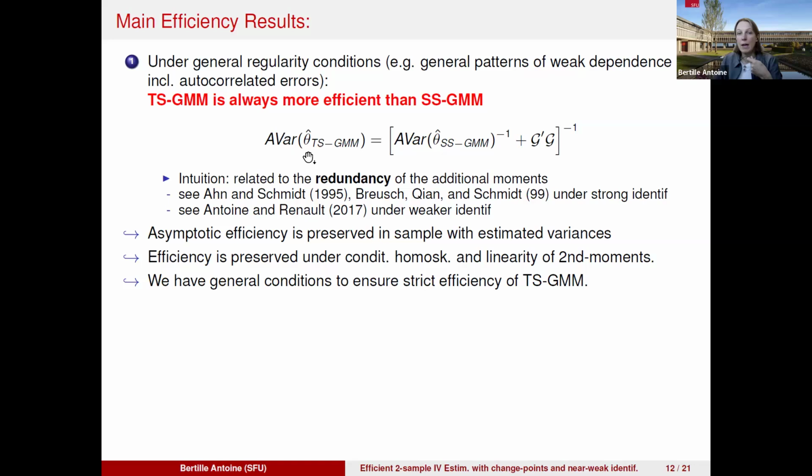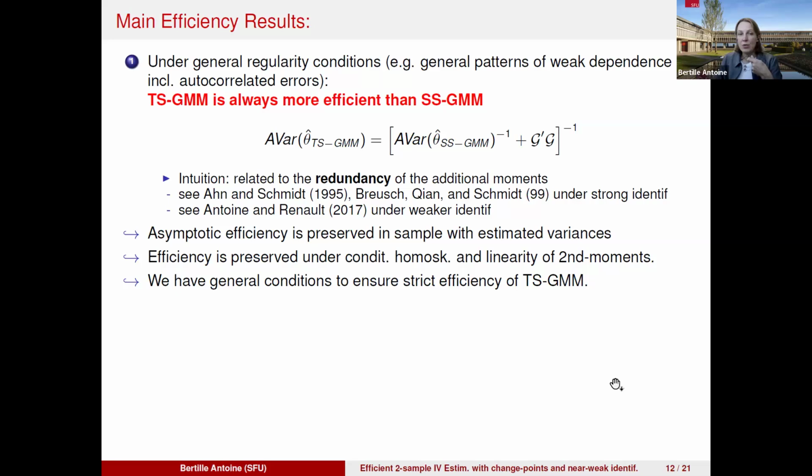And we have actually a formula that links these two asymptotic variances. And because we are able to show that we have this G prime G in here, that means that when comes the time to estimate these asymptotic variances, we can always guarantee that in sample, we will preserve the efficiency of that two-sample GMM.